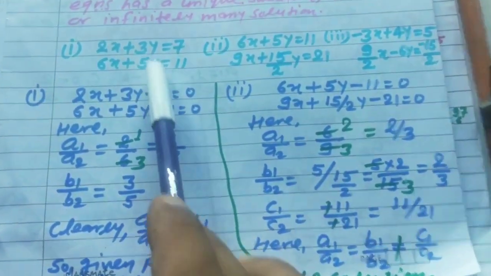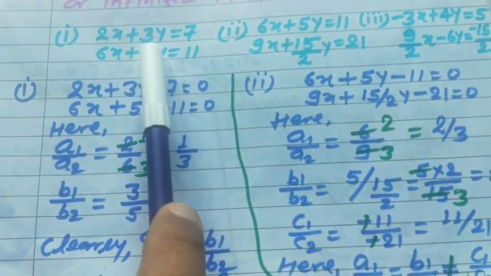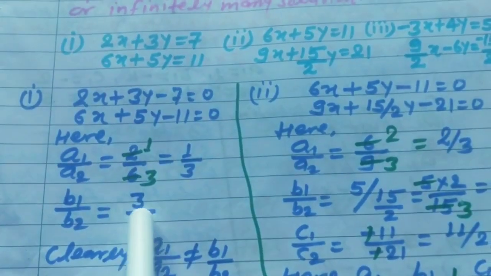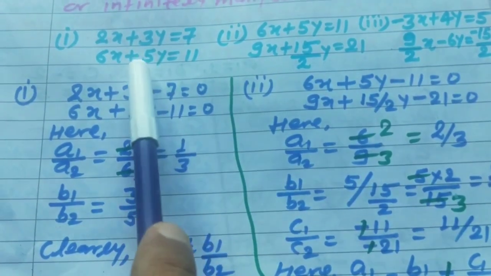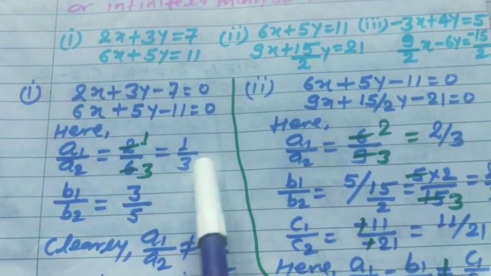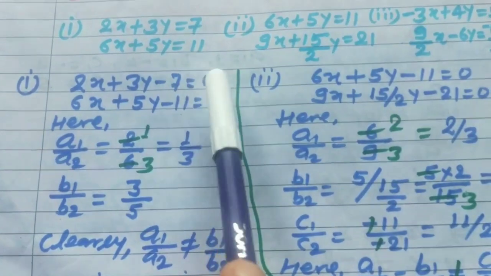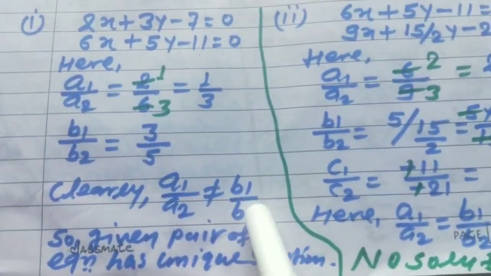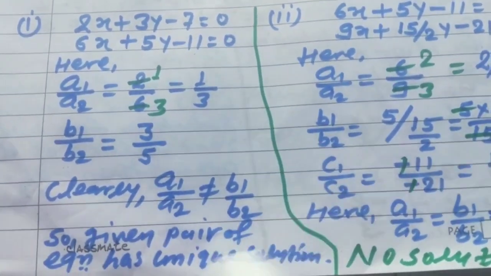And now you have to find b1 upon b2. b1 is the coefficient of y in the first equation, 3, and b2 is the coefficient of y in the second equation, which is 5. Now you can see here 1 by 3 is not equal to 3 by 5. So there is no need to find c1 upon c2. Clearly a1 upon a2 is not equal to b1 upon b2, so the given pair of equations has a unique solution.